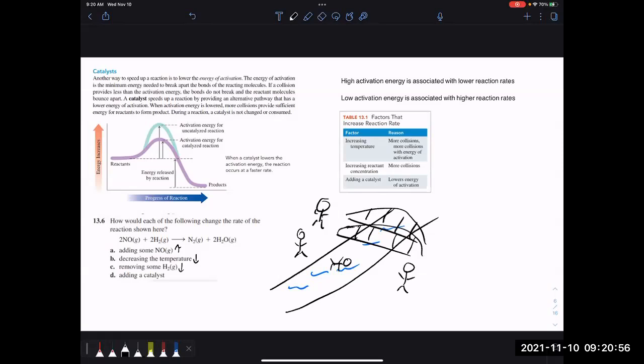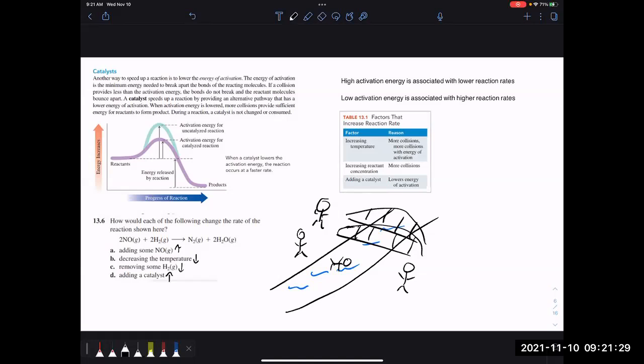We add a catalyst that we just talked about. We're creating an easier route for those molecules to react. We'll increase the rate of reaction. I guess we haven't talked about equilibrium points yet. So then our three things are increasing temperature, increasing reactant concentration, or adding a catalyst. All speed up our reactions.